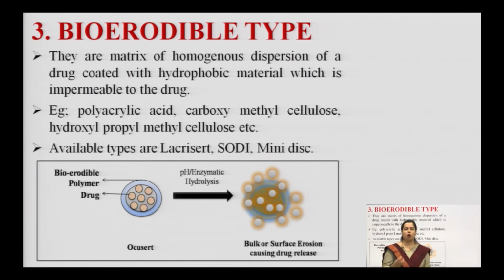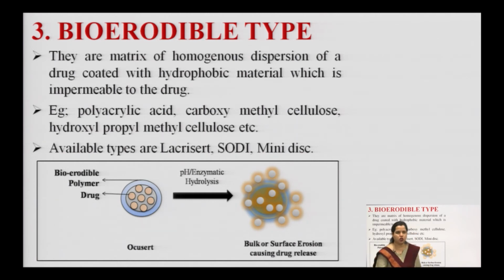The polymer type is hydrophobic, which is impermeable to the drug. Examples are polyacrylic acid, carboxymethyl cellulose, hydroxypropyl methyl cellulose, etc. Various types of bioerodible Ocuserts are available in the market, like Sodi, Lacrisert, and minidiscs. So, these are some available preparations based on the bioerodible type.